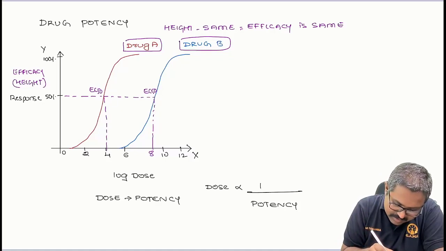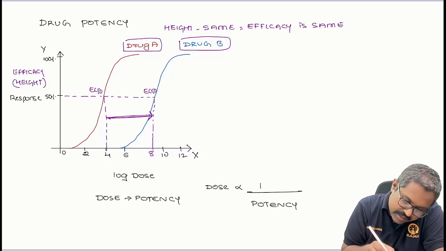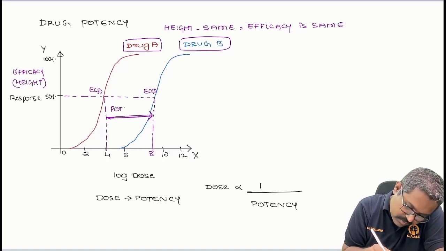See here, this is the dose which you need to increase. This is the dose which you need to increase. So this is called the potency.